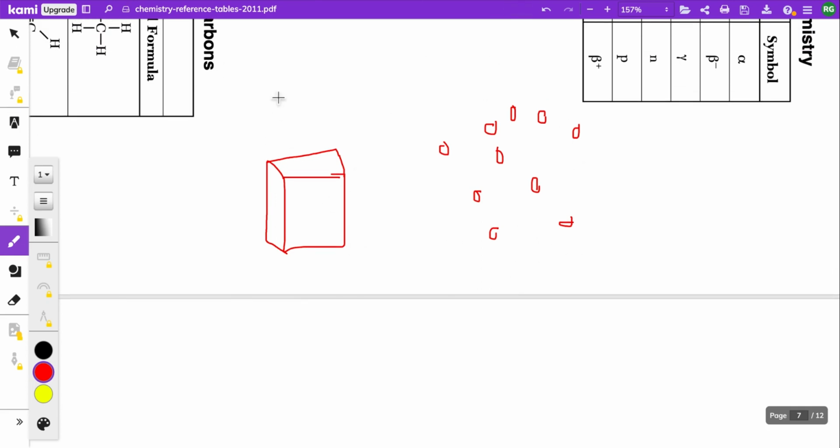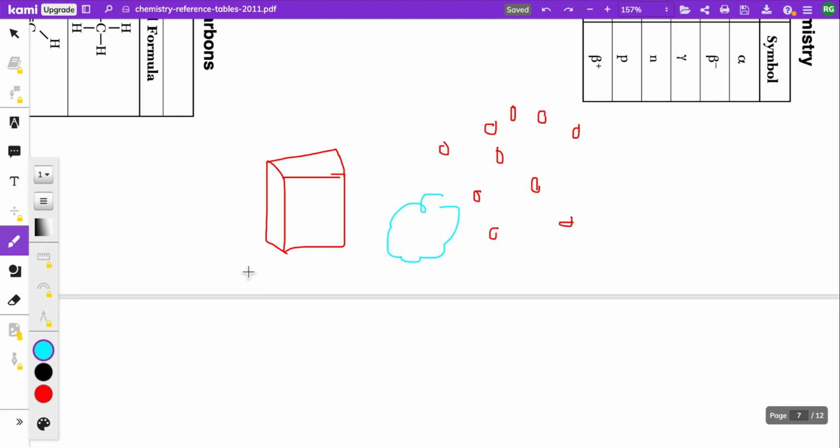So the entropy of solid ice is going to be less than the entropy of water vapor. It turns out that gases have the highest entropy, then liquids, and finally the thing with the least entropy is a solid.